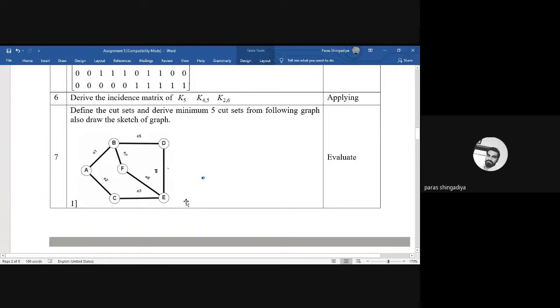Explain. But this unit is already finished in the lecture, in the class also. What is the definition of cut set? Yes, Arjuben, can you explain the meaning of cut set? What is the definition?